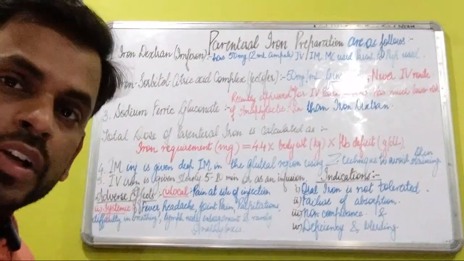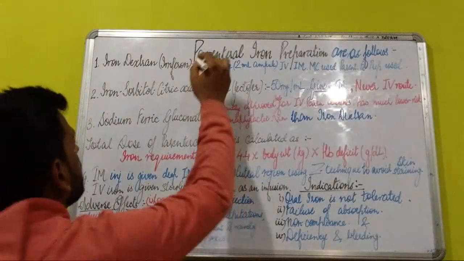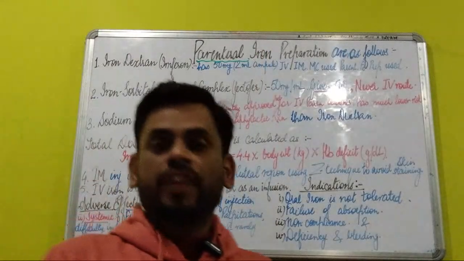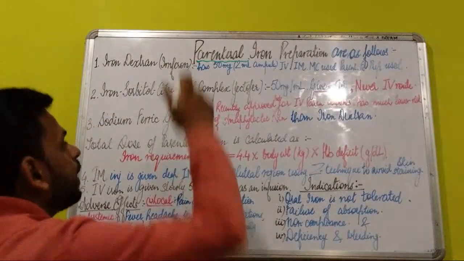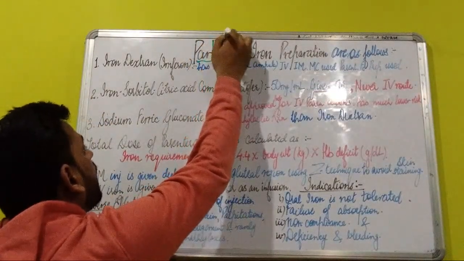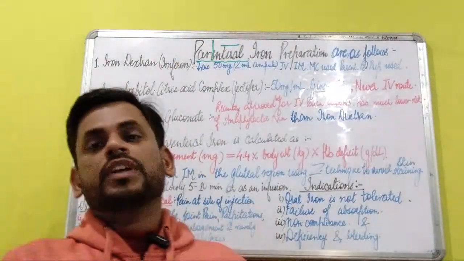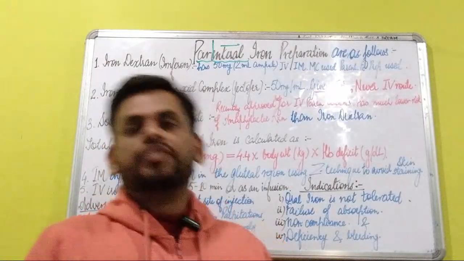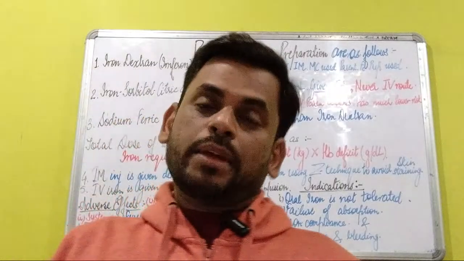So students and viewers, beginning with parenteral, before getting into the detailed discussion of this topic, we need to understand the meaning of parenteral. We can split the word, as it is made up of two words: par and enteral. The enteral route refers to anything administered through the oral cavity, which passes through the mouth or the alimentary canal.